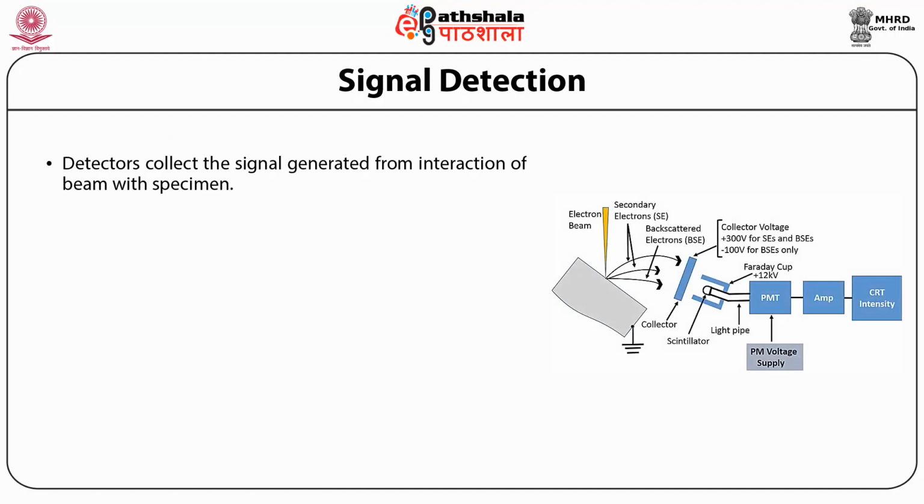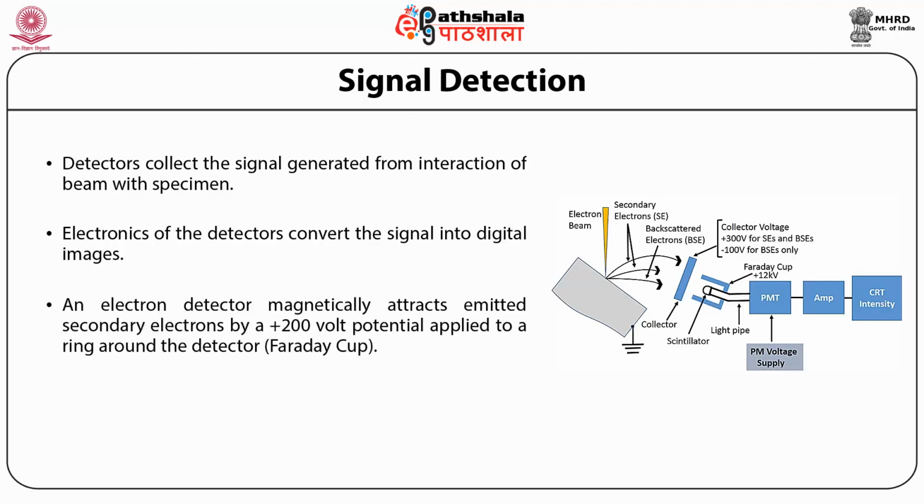Detectors collect this signal generated from the interaction of the beam with the specimen. Electronics of the detectors convert the signal into digital images, as shown in figure 6. An electron detector magnetically attracts the emitted secondary electrons by a 200 volt potential applied to a ring around the detector.